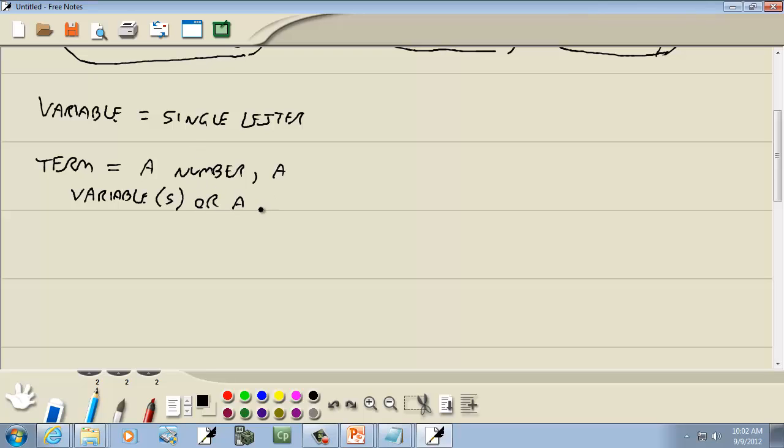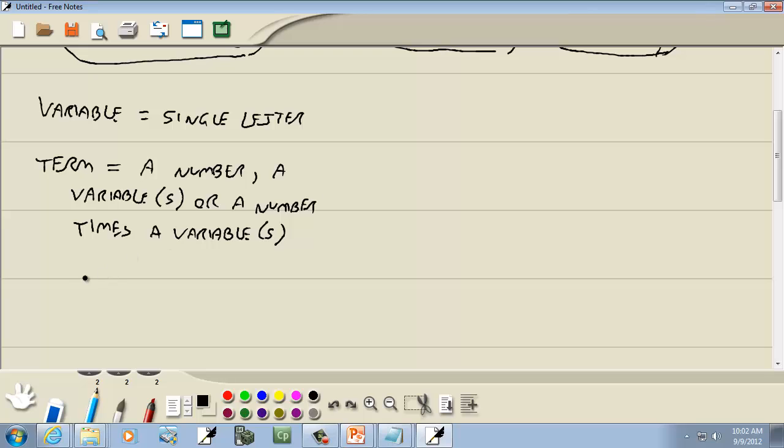Or a number times a variable. And I'll put an S on there to indicate you can have more than one.